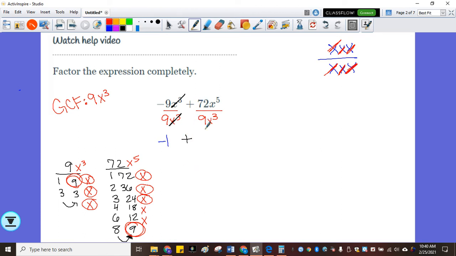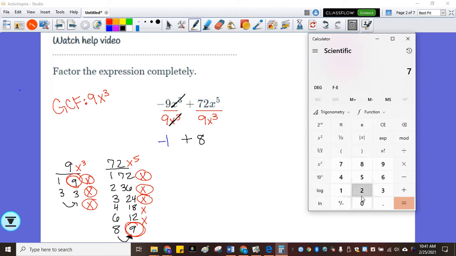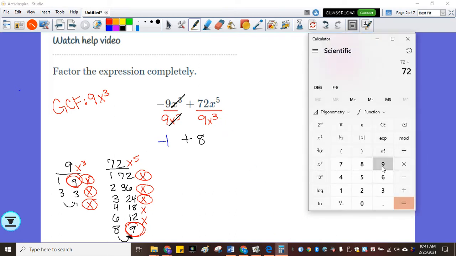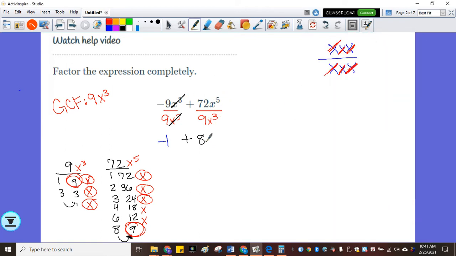What's 72 divided by 9? 8. You all have calculators. 72 divided by 9 is 8. And then I have 5 x's on top and 3 on bottom. So when I cancel them out, how many do I have left? 5 on top, 3 on bottom. 2.